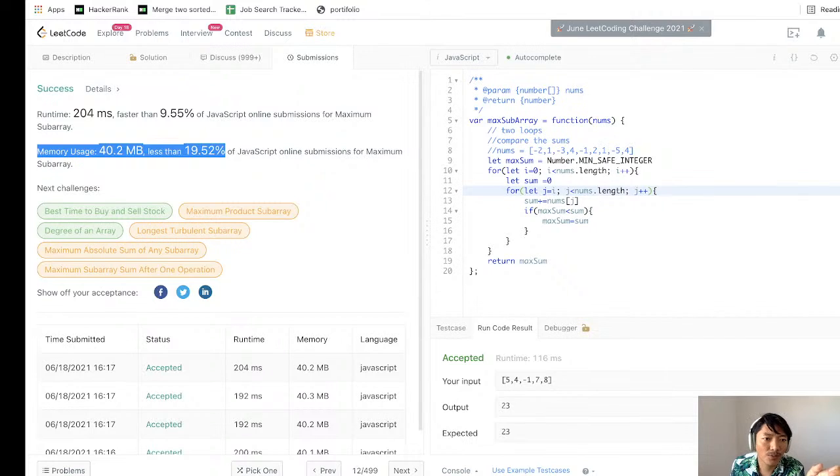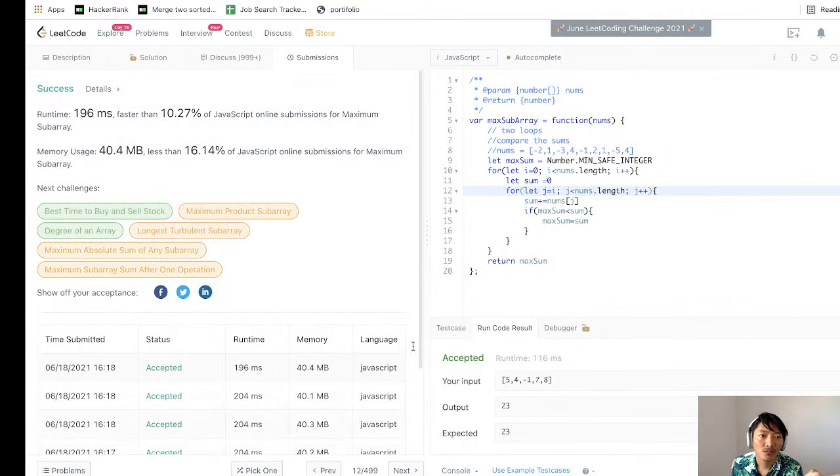Let's see, it is 40.2 right now. If I submit again, 40.3, and again 40.1, 40.4, okay, 40.5. So yeah, I don't know, maybe they have different test cases every time I submit.